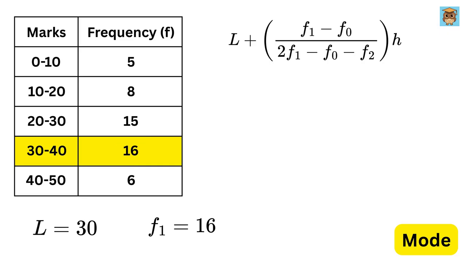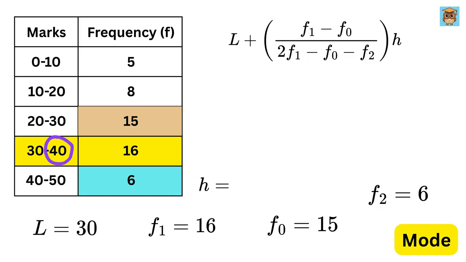Then the frequency of the class before the modal class, which is this F0, is this frequency, which is 15. Next, the frequency of the class after the modal class, which is F2, is 6. Finally, h, or the class width, is this upper boundary minus lower boundary, or 40 minus 30, or 10.